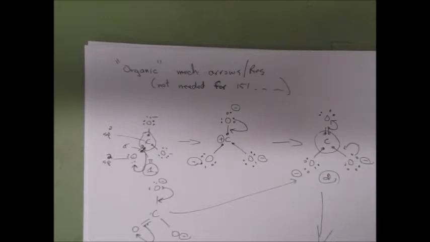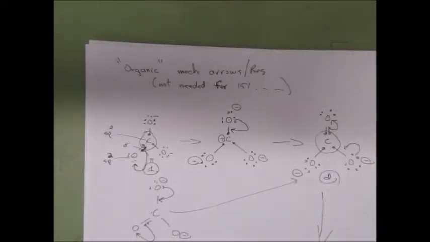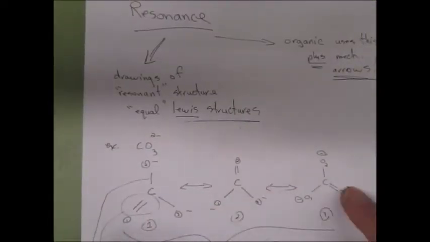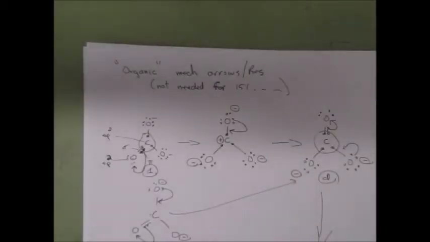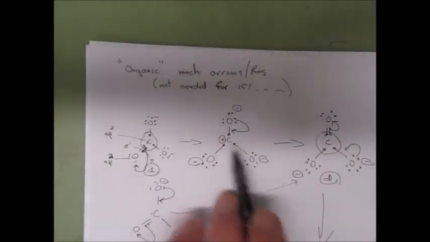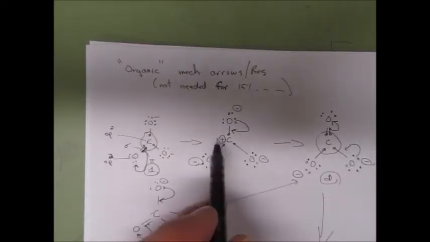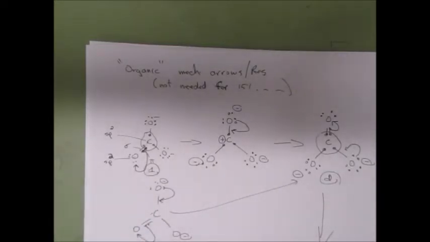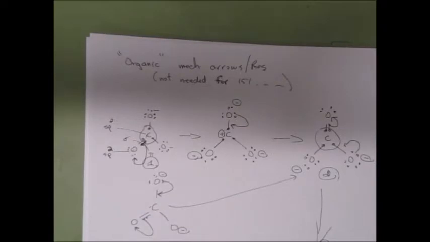So that would show the third Lewis structure where this oxygen has the double bond. So this is our third structure, just like we showed in one thing here with no arrows. This one shows the arrows, and we started counting a little more closely all of the electrons and the bonds and everything to find out who gets plus and who gets negative, and we're ending up with that, right?